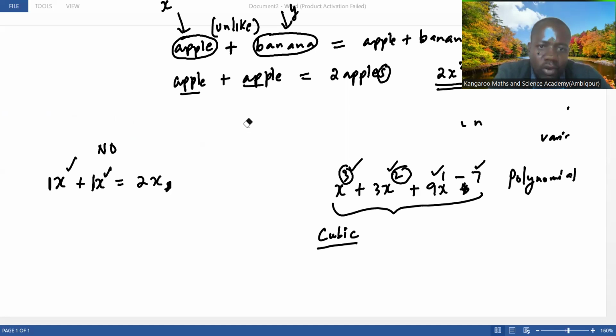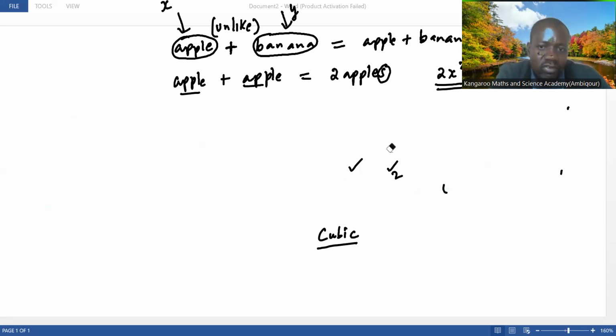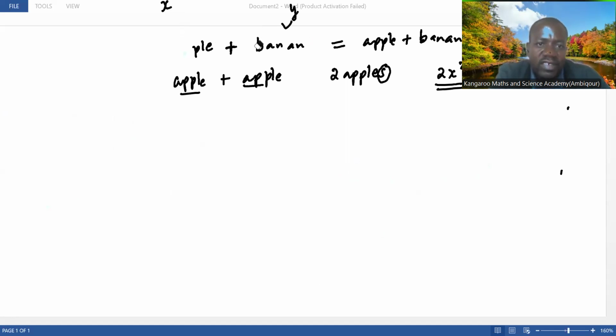But in the context of multiplying, apple multiplied by banana will just be apple times banana. That's why we say x times y is just xy, because these are unlike terms. So you need to be able to understand these things very well, ladies and gentlemen.